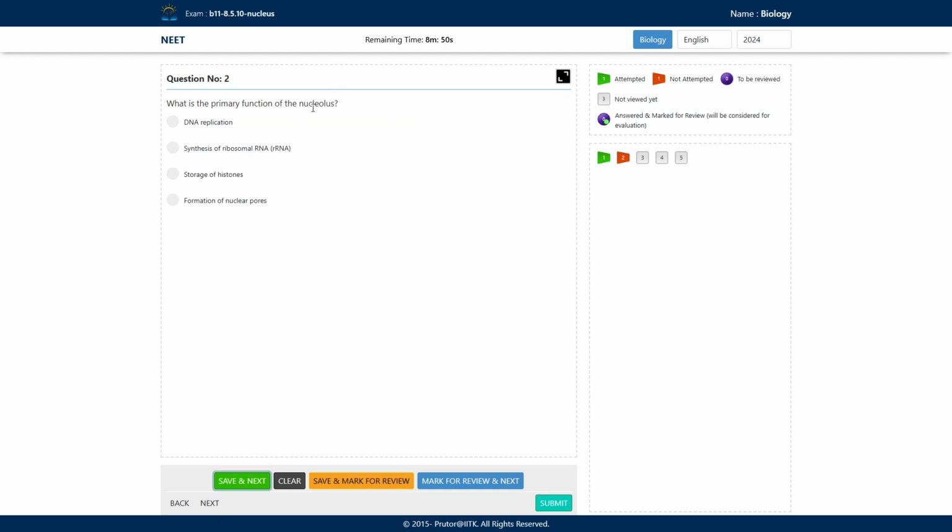Next one, what is the primary function of the nucleolus? DNA replication, synthesis of ribosomal RNA, storage of histones, or formation of the nuclear pores.